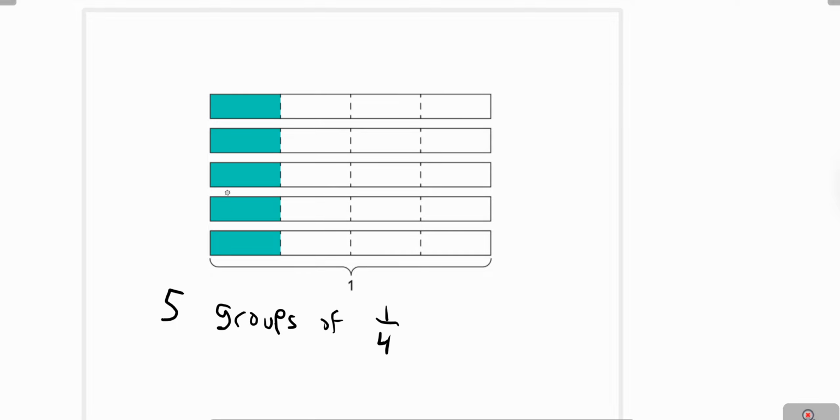This "groups of" just means multiplication. Okay, so the multiplication expression for this diagram is going to be 5 times 1/4.